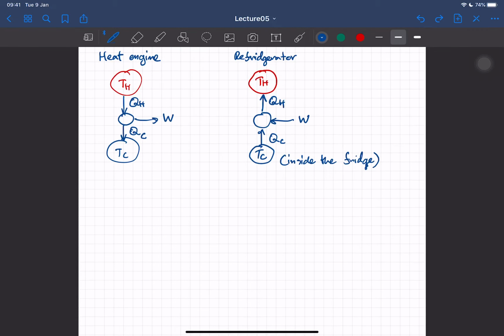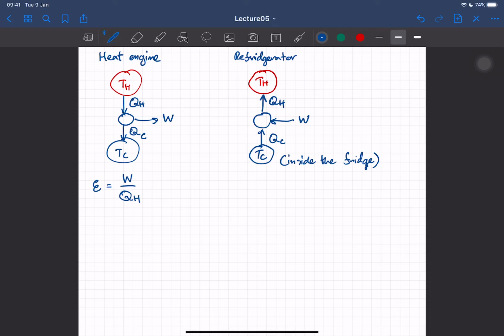And so for the heat engine, we define the efficiency to be the work done by the system, because that's what we want, divided by what you need to pay. Now for the refrigerator, it's a little bit different, but we can define the same concept, a number that tells you how good it is.